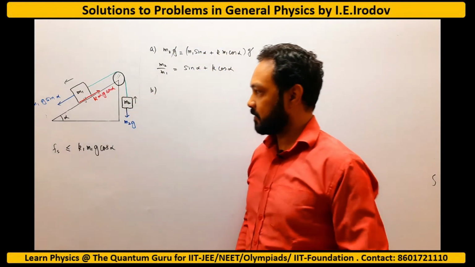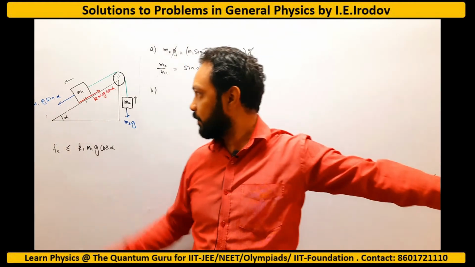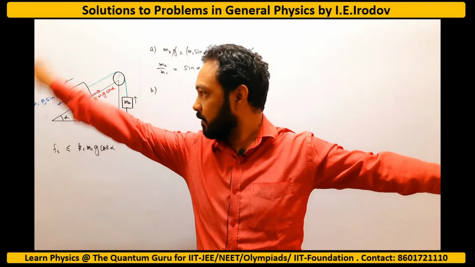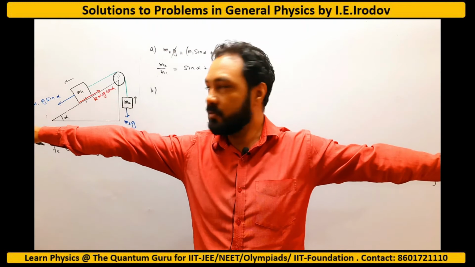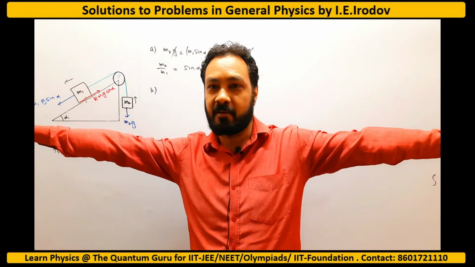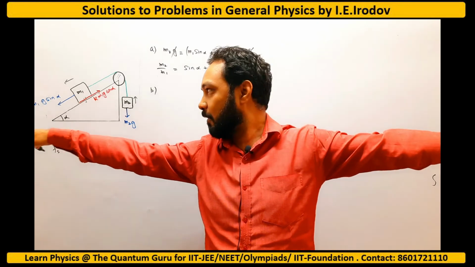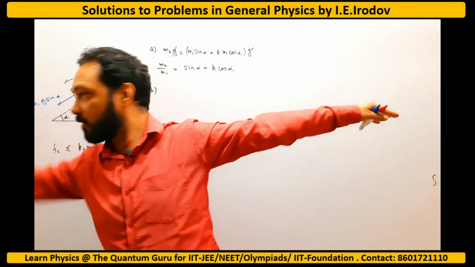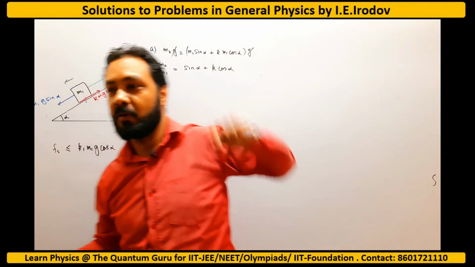So in this case, here m2g, and here the sum of these two in this direction is m1g sin alpha minus k m1g cos alpha. They are just balancing it, and just a little later it will go like this, because this is going downward and this will go upward.